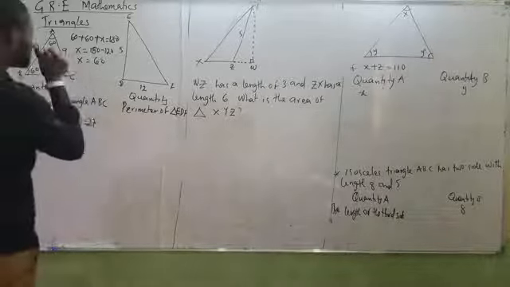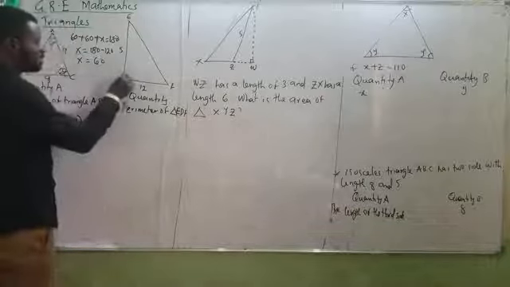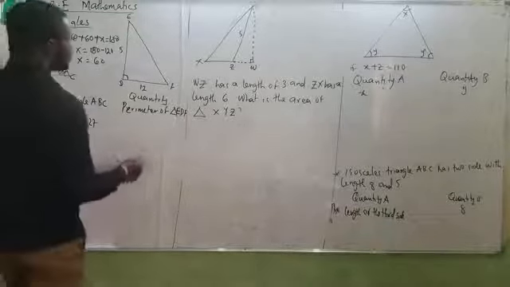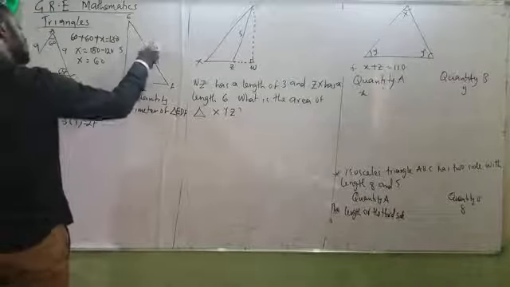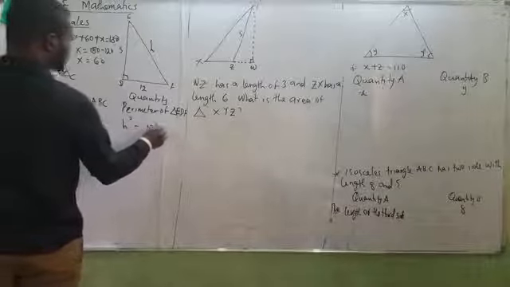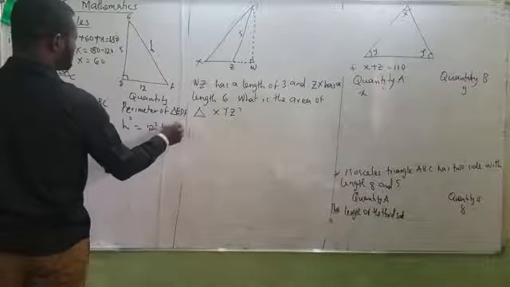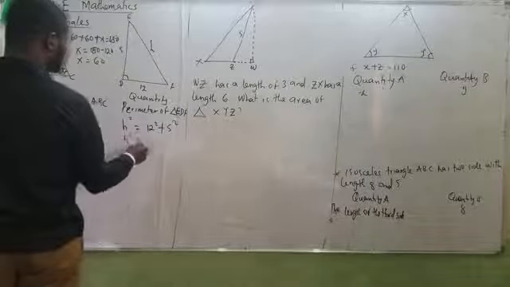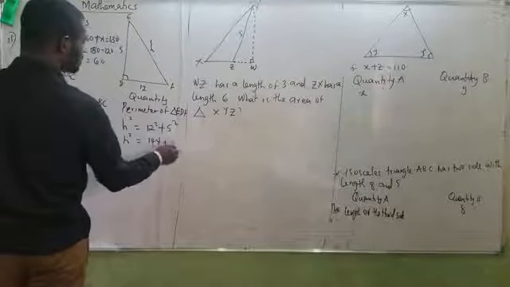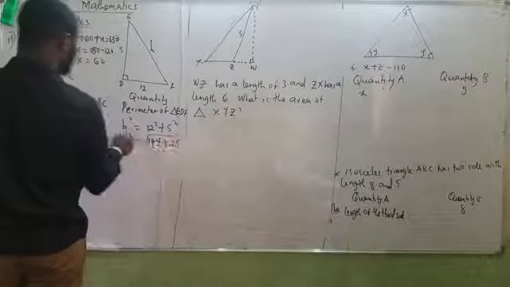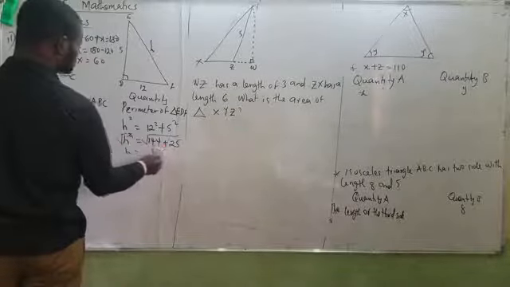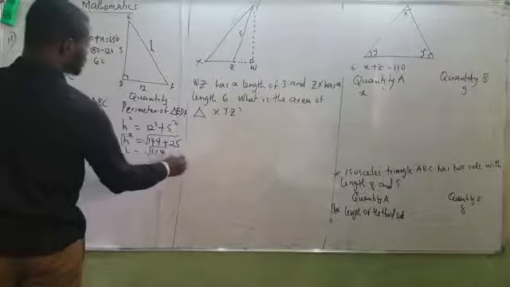Now, let's try this. This one is a bit different because this is a right angle triangle. I want to know the perimeter of this also. The only thing I need is to find the hypotenuse. My hypotenuse squared equals 12 squared plus this squared, so I'll be having 144 plus 25, which will be root. Now, my x will be equal to root of 169, which is equal to 13.